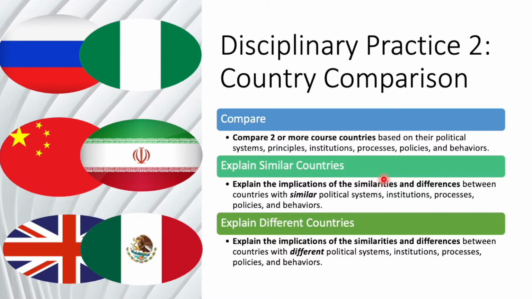You will then be asked to explain how similar countries are both similar and different. So you might be asked to explain how two countries with a federal system like Russia and Nigeria are both similar and different. They obviously will have similarities in the way they are federalist systems, but they each have their own unique way of applying it, like Russia being an asymmetric federalist system.